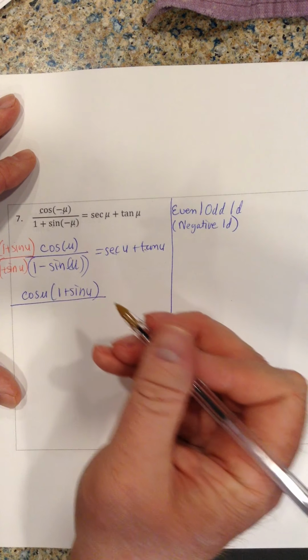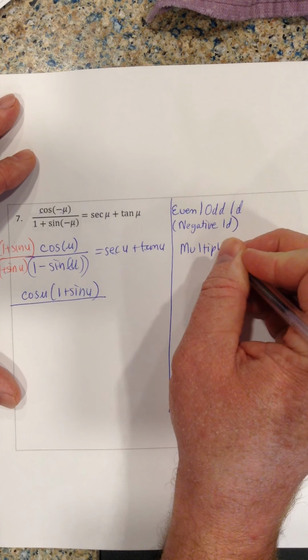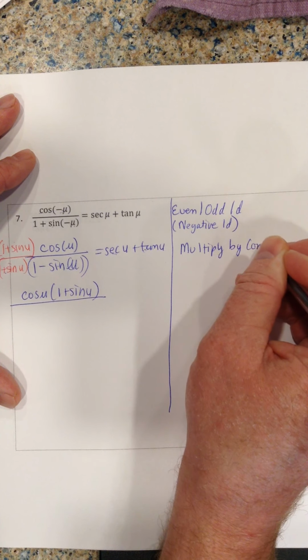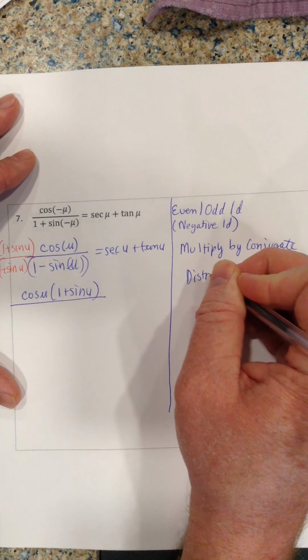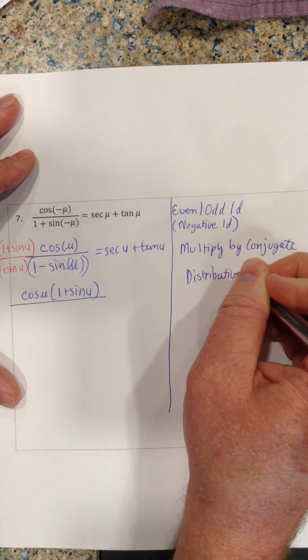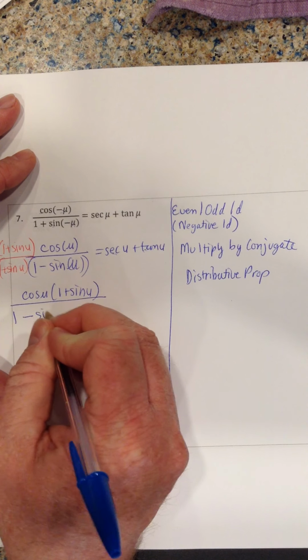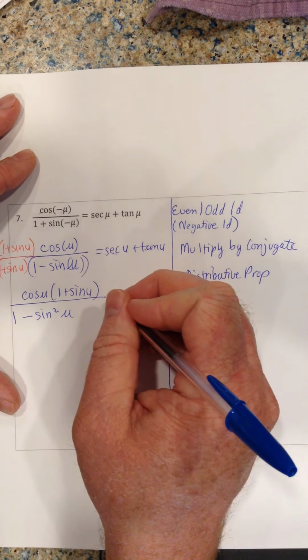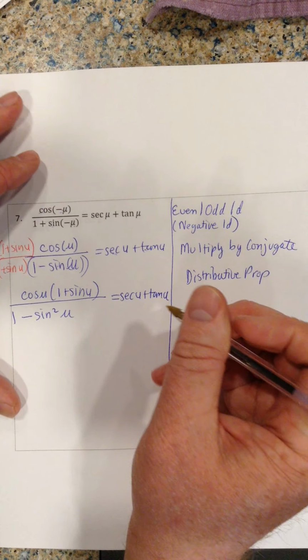Then when I distribute this, we call that multiplied by the conjugate, was that step. Now I'm going to distribute, distributive property, right? So I get 1 minus sine squared of mu. That equals secant of mu plus tangent of mu.